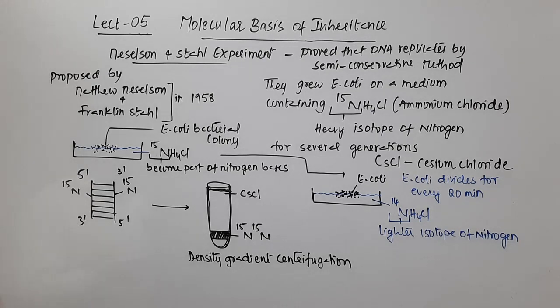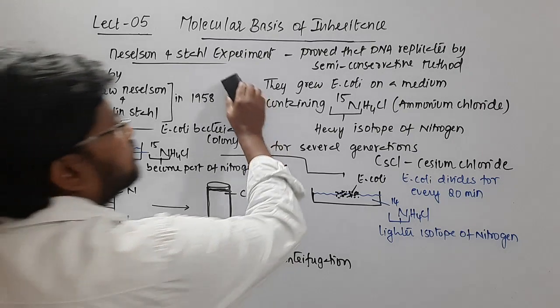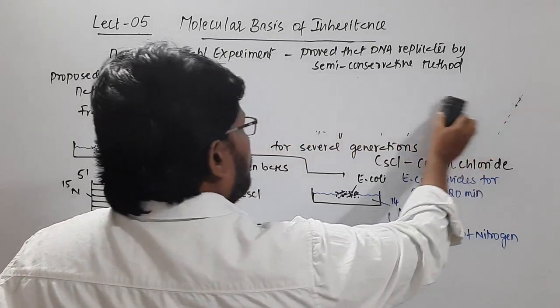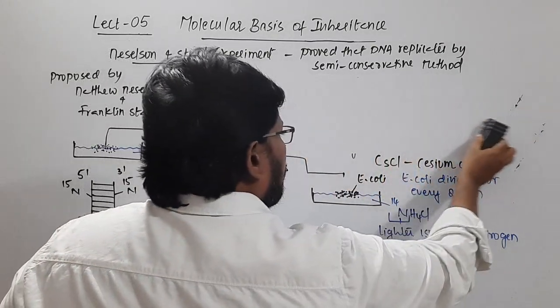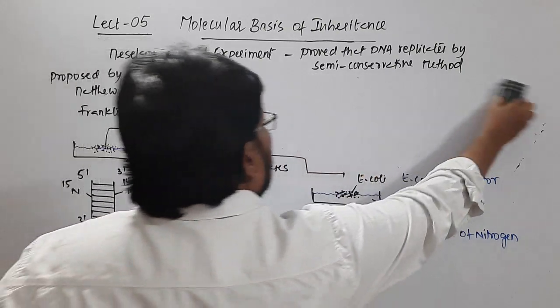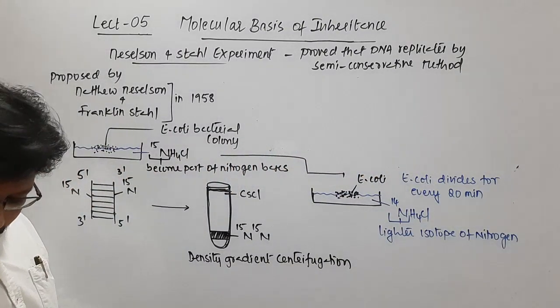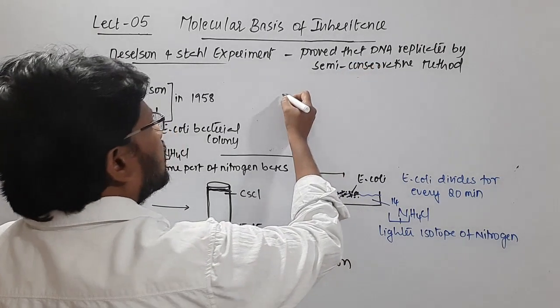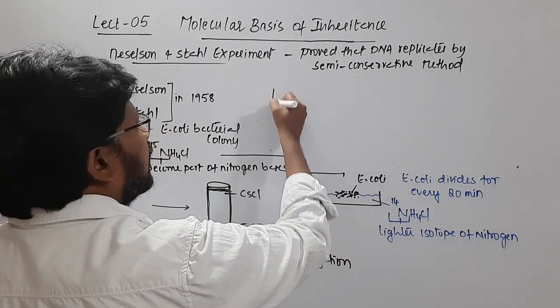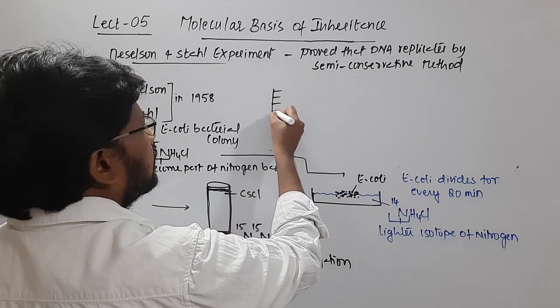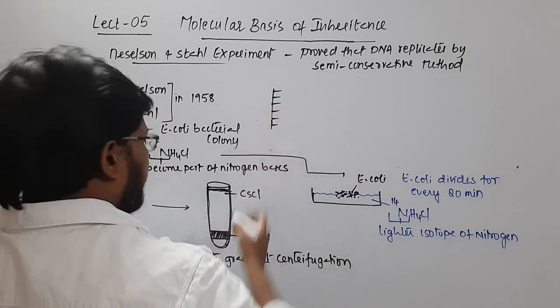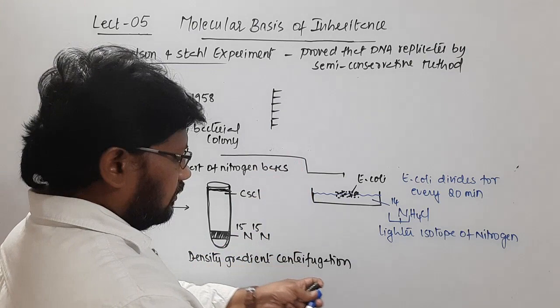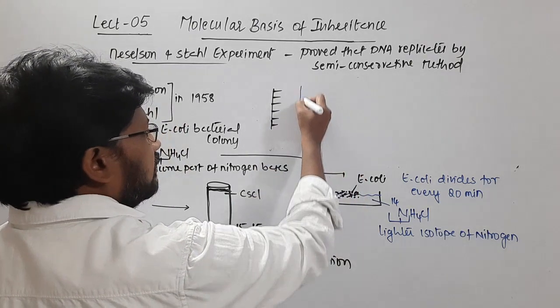Now let us see what they obtained from this density gradient centrifugation. After 20 minutes, I'm going to get a DNA that will be hybrid.